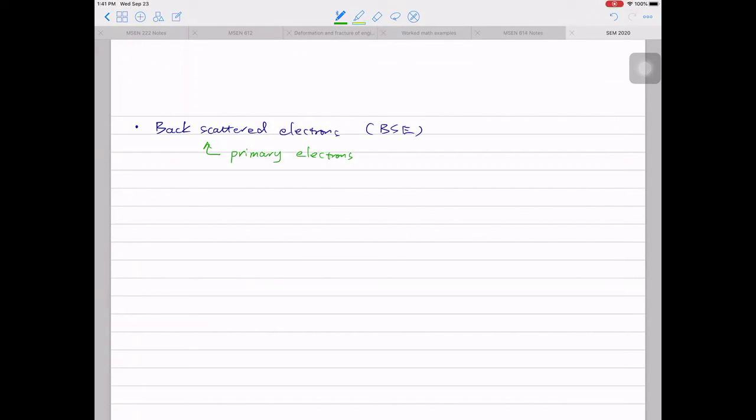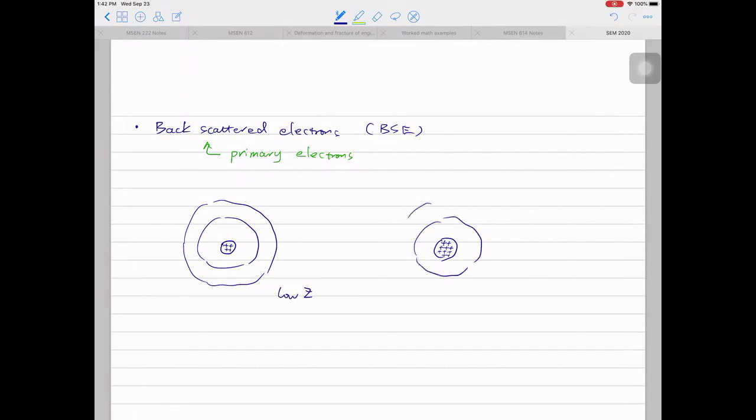Let's draw one atomic model. Assuming this is the nucleus, and we have the electron orbitals around it. In the first case, let's call it low Z. And in the second case, let me draw a bigger nucleus, with a lot more charges in it, and we have the electron orbitals.